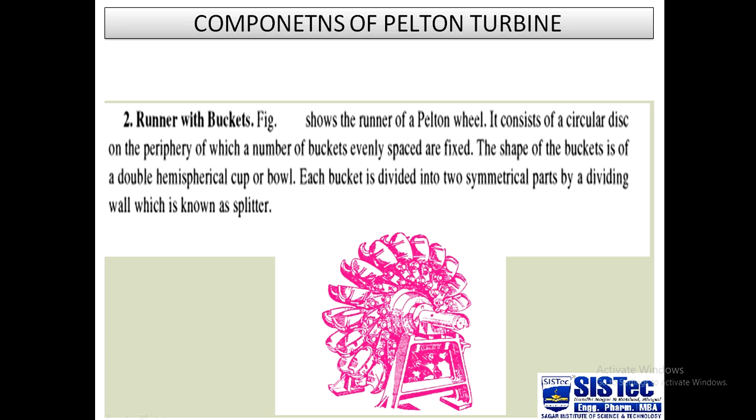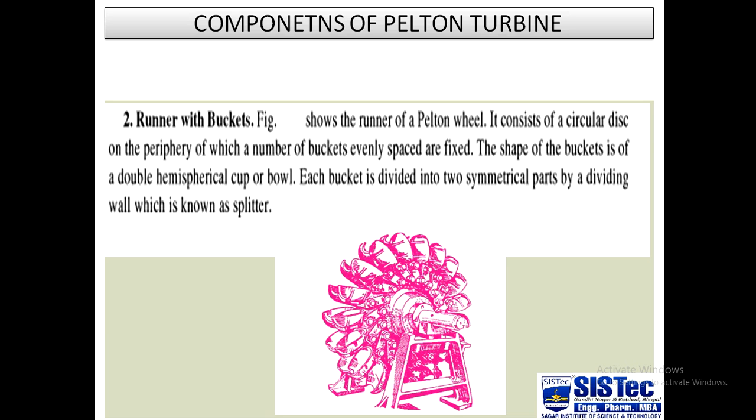This runner is attached to a shaft, a cylindrical portion. As we know, the shaft is used to transmit energy from one component to another. The shaft rotates at a speed in revolutions per minute, called rpm.